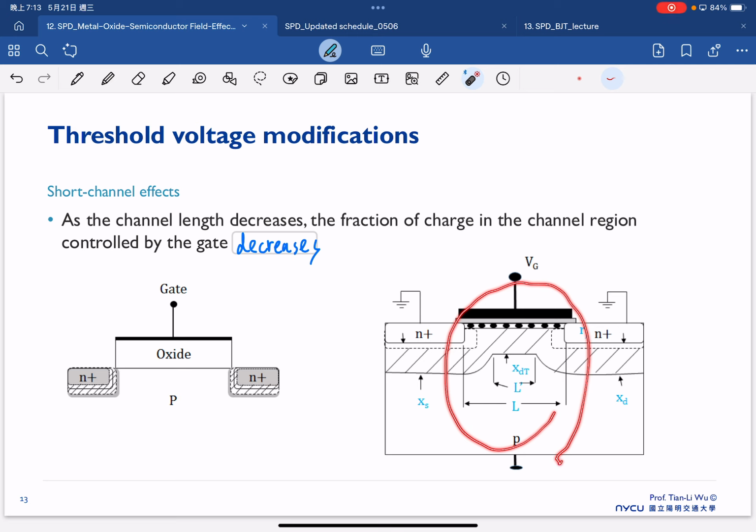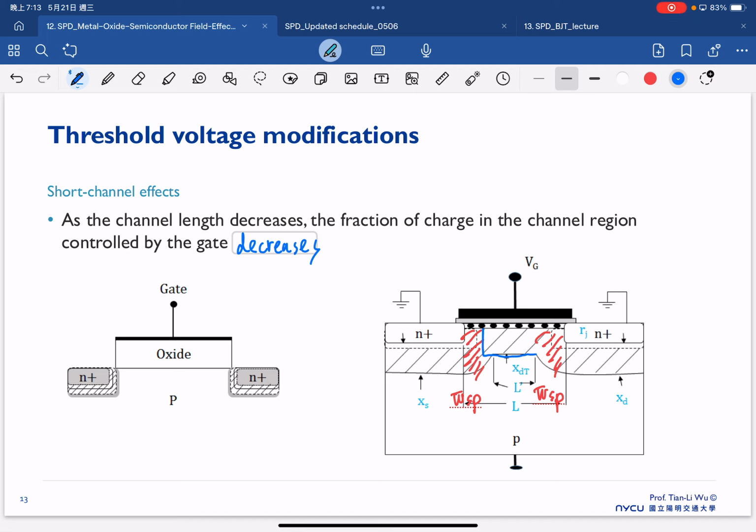This part is mainly due to our source to substrate depletion region, and this part is mainly due to our drain to substrate depletion region.